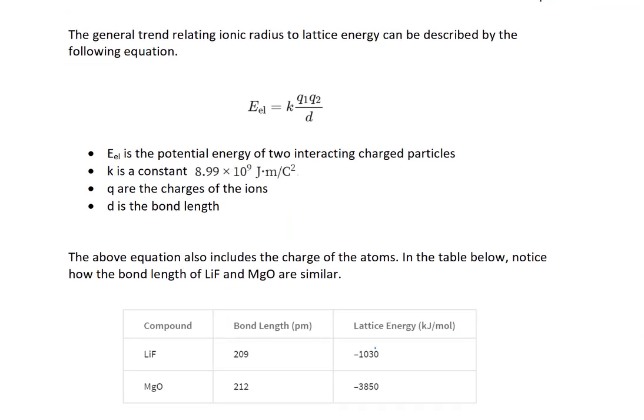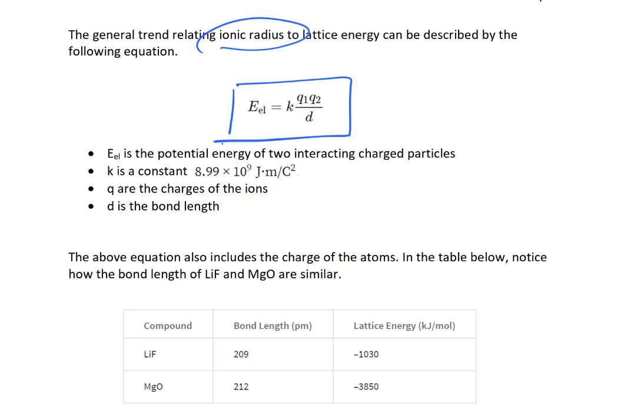So this general trend relating to that ionic radius can be described with this equation. Now, this equation has a lot of variables in it that might not be super familiar to you. The E that we're seeing here is the potential energy of your two charged particles interacting. The K is just a constant.